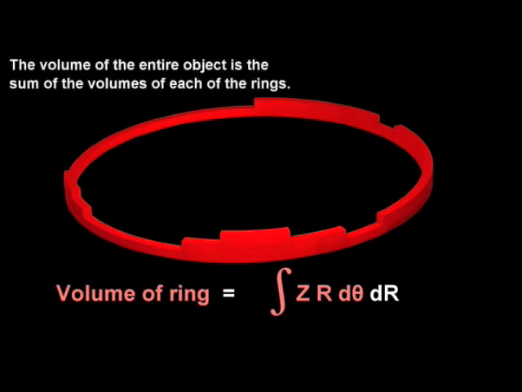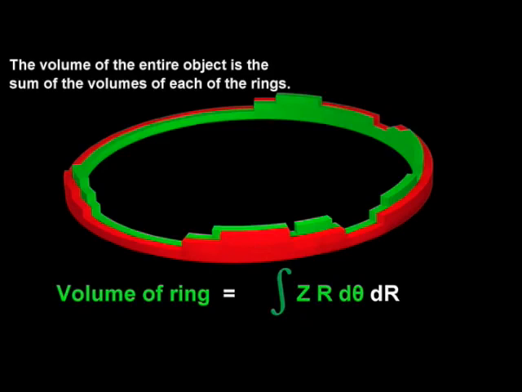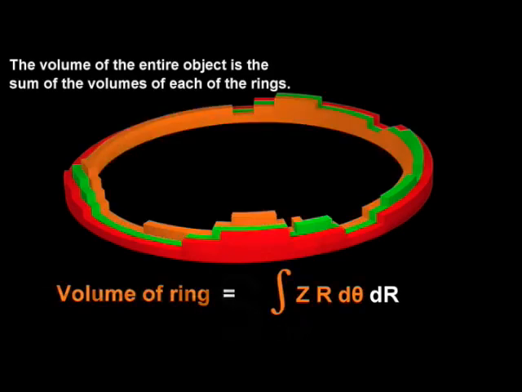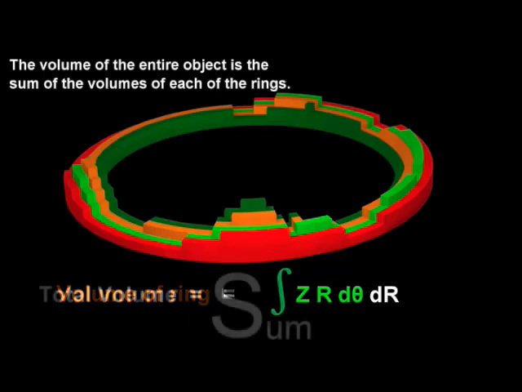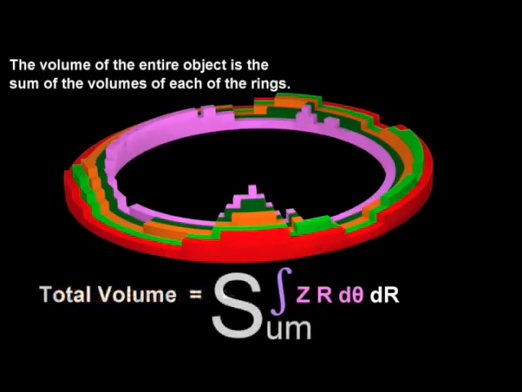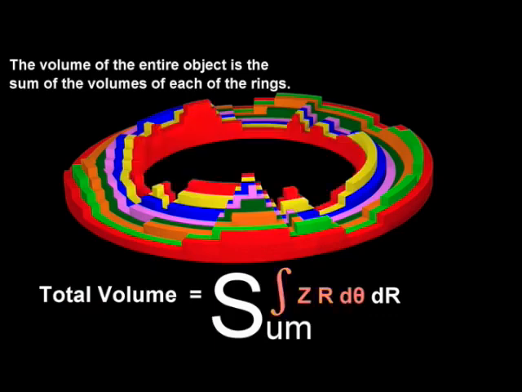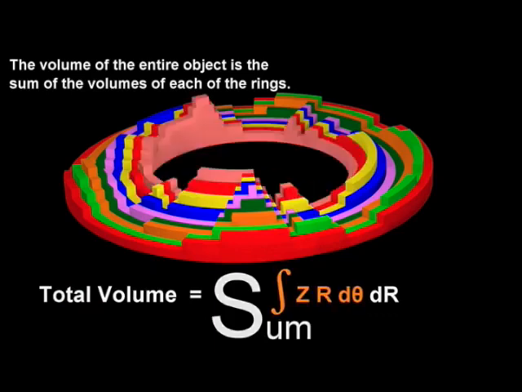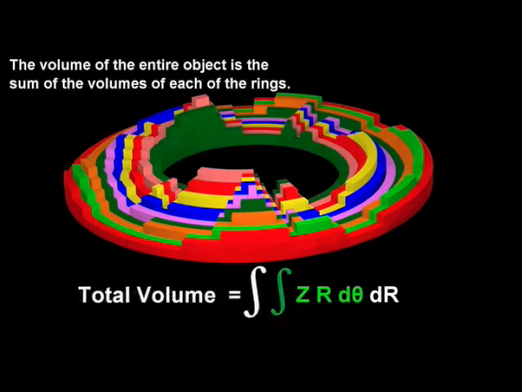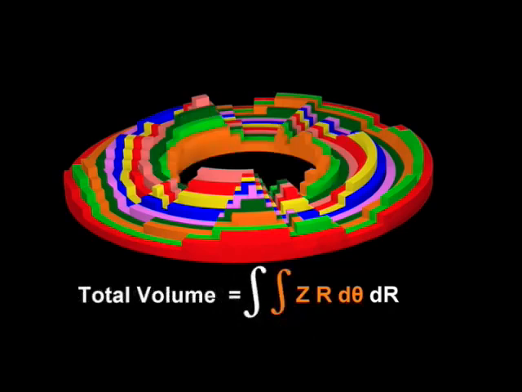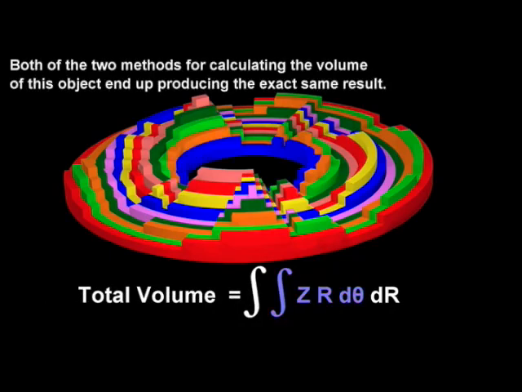The volume of the entire object is the sum of the volumes of each of the rings. Both of the two methods for calculating the volume of this object end up producing the exact same result.